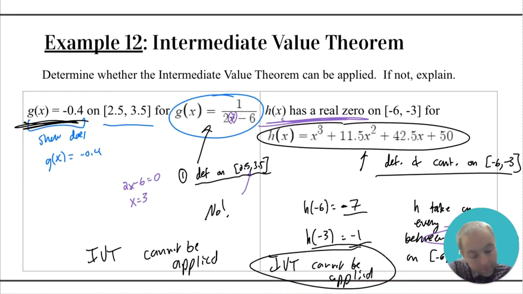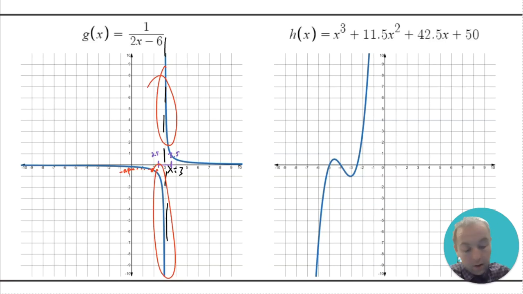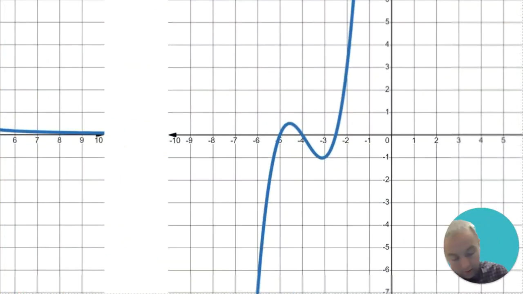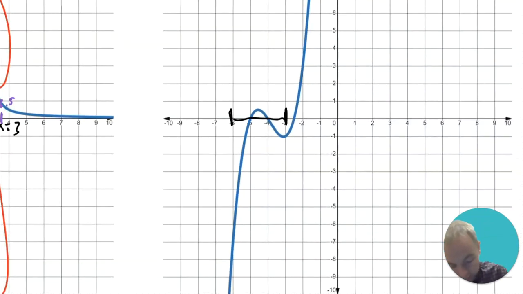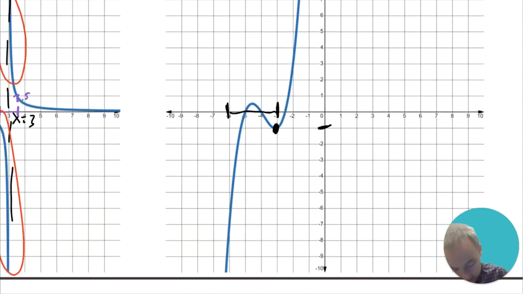So if you do look at the function and its graph, we were concerned with this interval from negative 3 to negative 6, right? So here's where it got to its y value of negative 1 when x was negative 3, and then down here is when it got to its y value of negative 7.